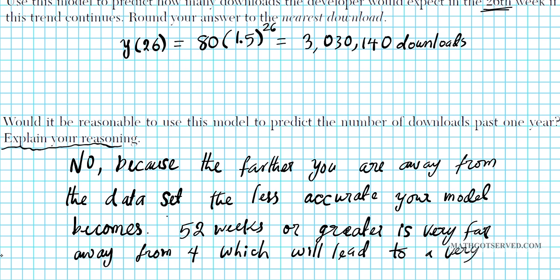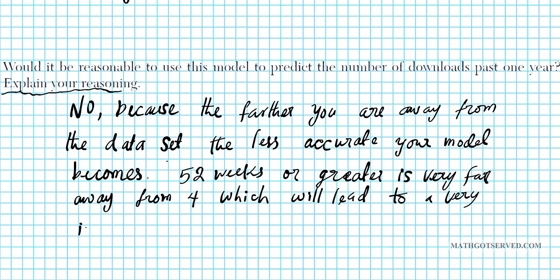It's going to be really flawed. It's just accuracy problems that we're having here. Since going too far away from 4 results in an inaccurate prediction, it will be unreasonable for us to use the model for 52 weeks because it's way too far away, introducing too much room for error.